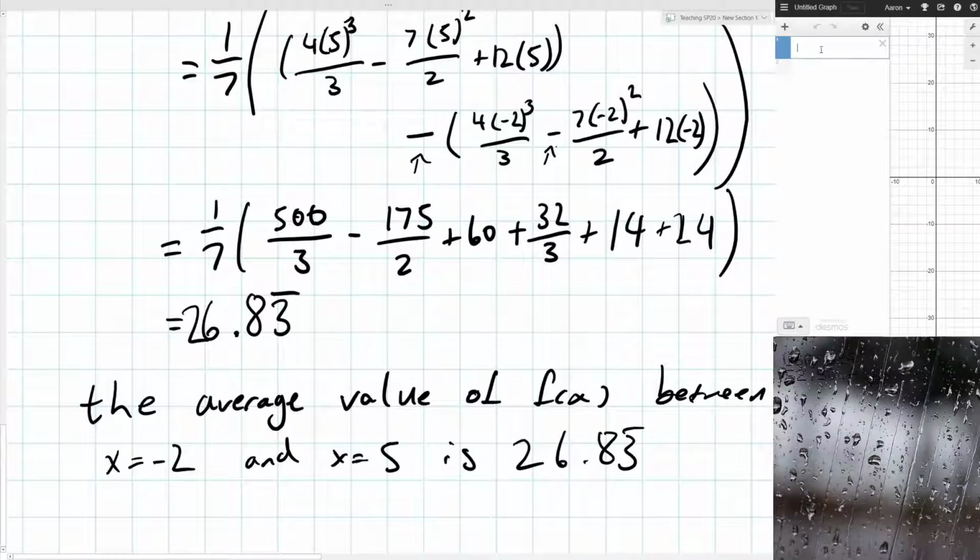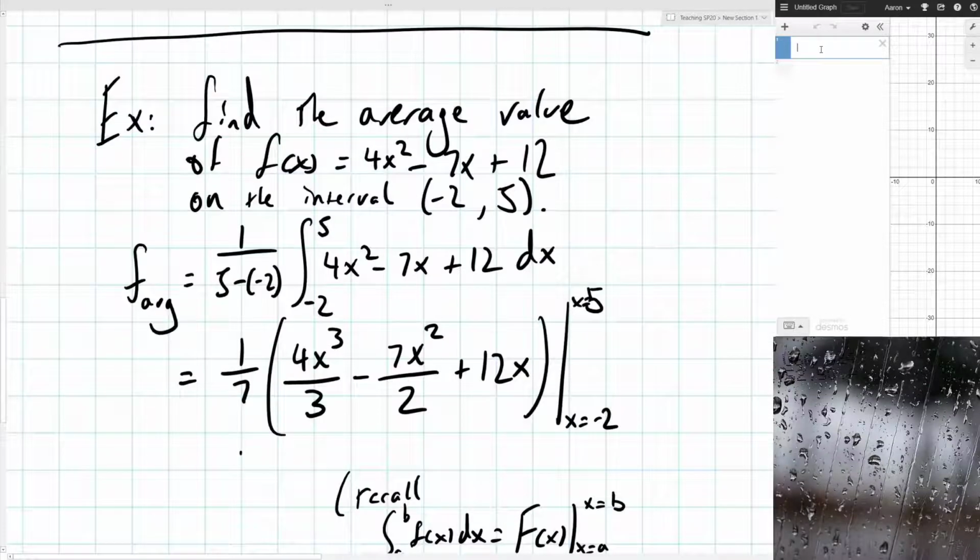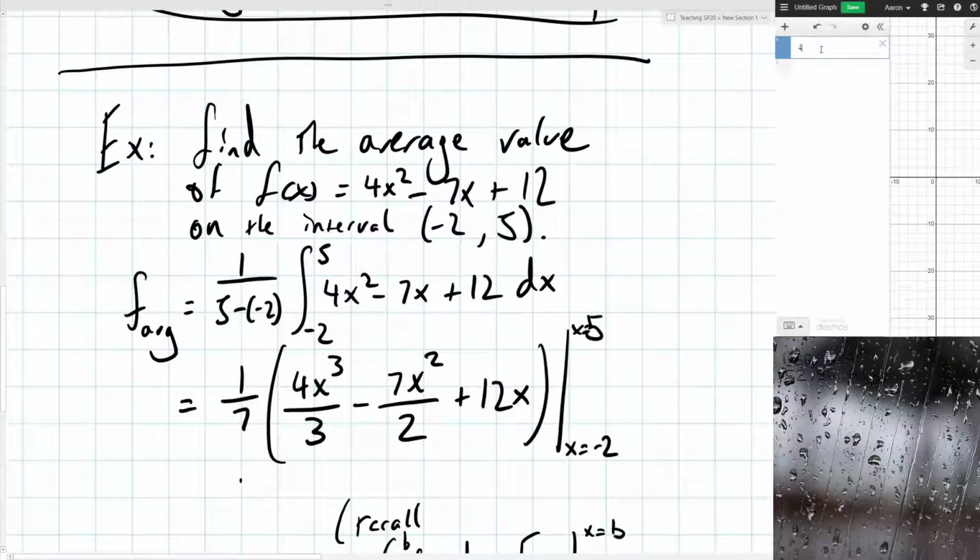And we could look at a quick graph here if we wanted to, just to verify our math intuitively. 4x squared minus 7x plus 12 is what our graph looks like. And let's go ahead and throw a line in at y equals 26.8333.